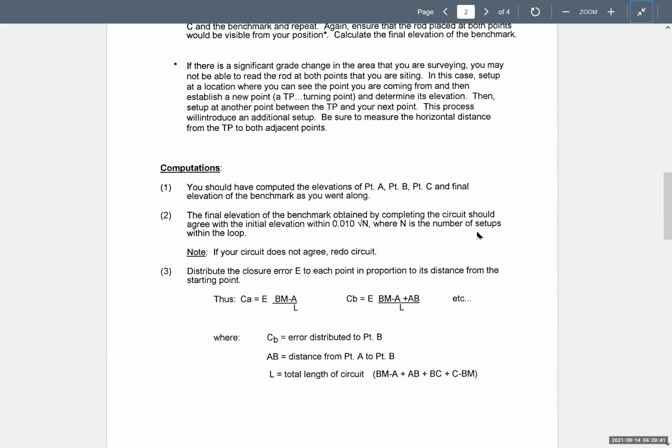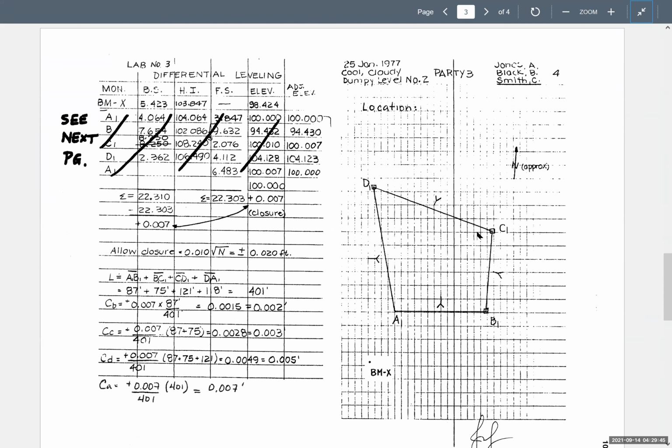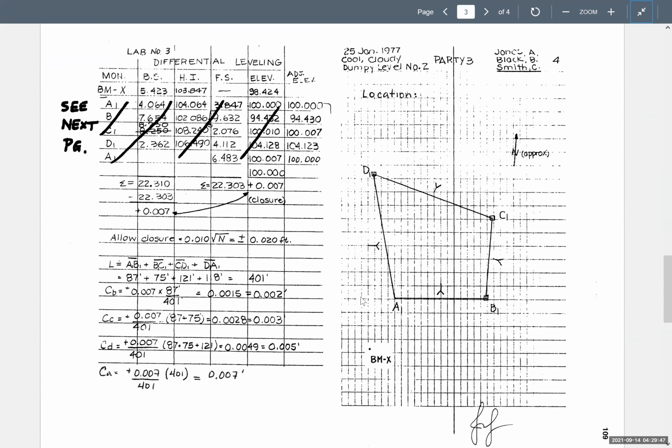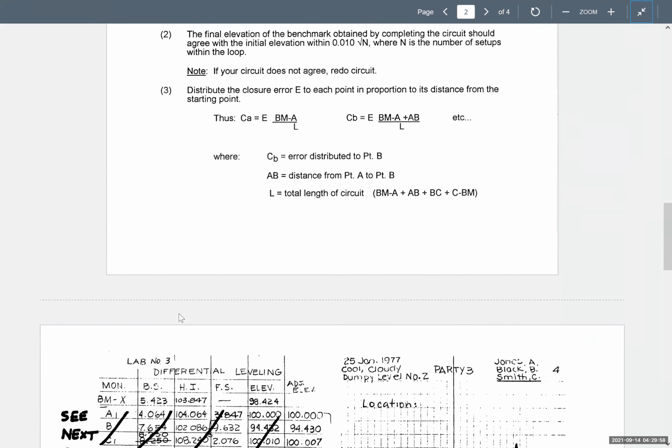Now, I don't know what your lengths are going to be. But this calculation here is going to show you how to divvy out the error that you get at the end. But let's say we're saying 1 part in 5,000, how much would you be surveying in order to, oh, I'm writing on my hand, I'm writing on the paper again. Let me go back.